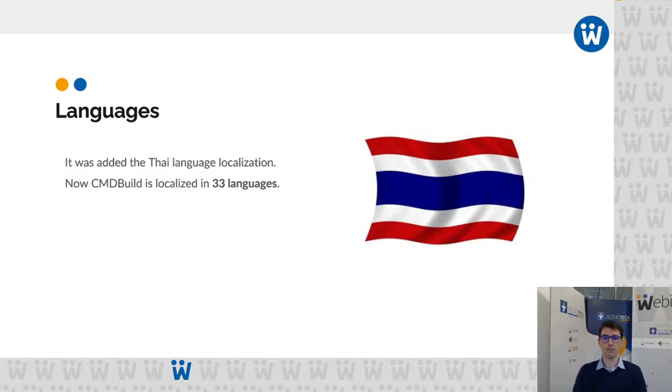We manage a few languages, but for the other languages the application is translated by external contributors. If you want to have CMDBuild localized in your language, you can also contribute to translate it and have CMDBuild in your language.